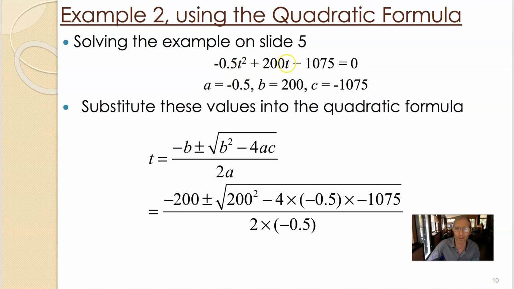Notice we're using the variable t for time in this case. So we've got B, so negative B is negative 200, and then we've got our 200 squared minus 4 times negative 0.5, which is our A, times negative 1075, which is our C, all over 2 times negative 0.5.